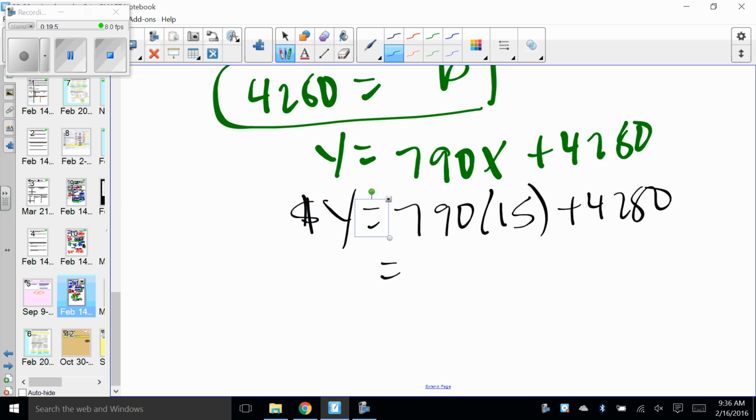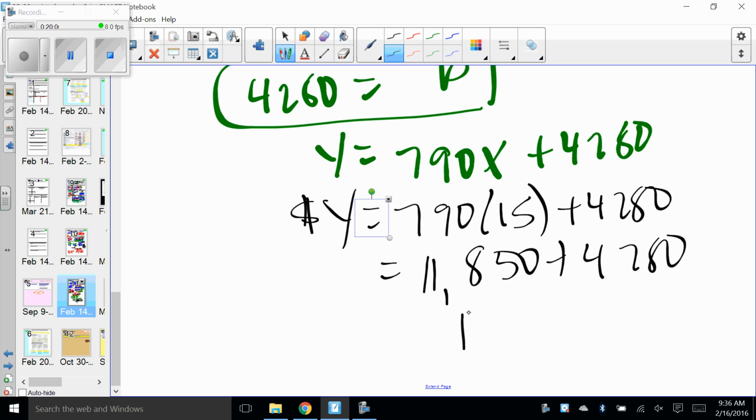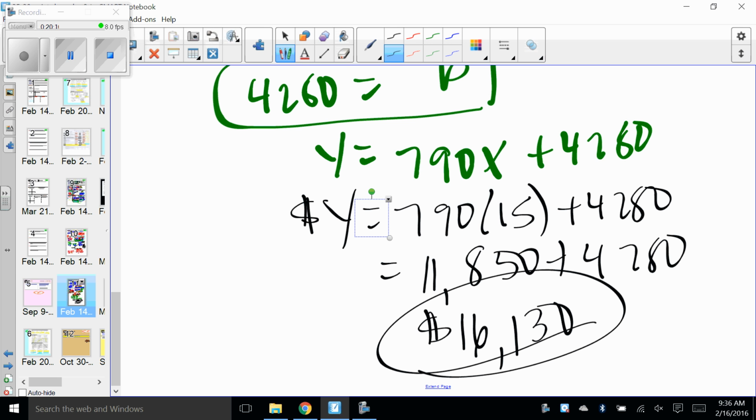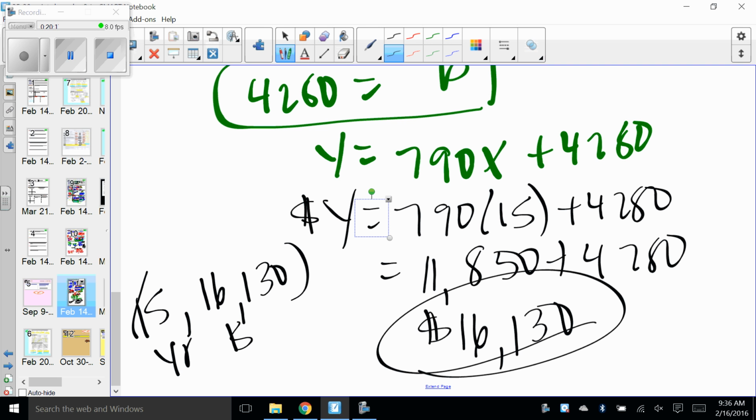So we have 790 times 15, 11,850 plus 4,280 gives us $16,130. So that's the total amount of money he makes at 15 years. So 15 years, $16,130. Years, dollars, there it is, guys.